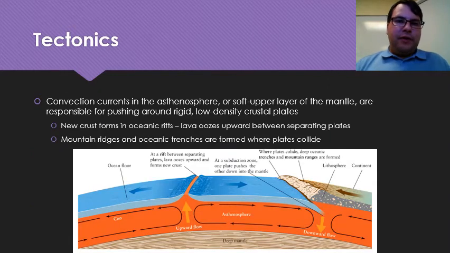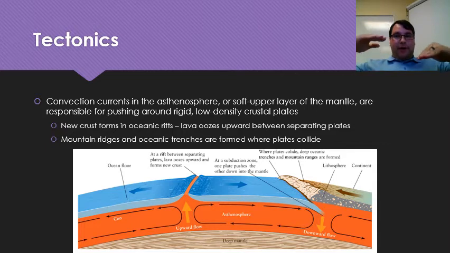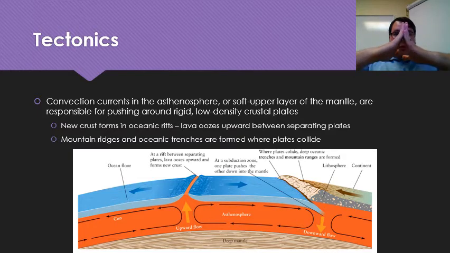The convection cell motion will move the plates so that it is either pushing the plates together, and when it pushes plates together, one of the plates will either converge so that it will push upwards and create very high mountain ranges, or it will basically fall down below. It will submerge so that you're actually getting one plate over another.